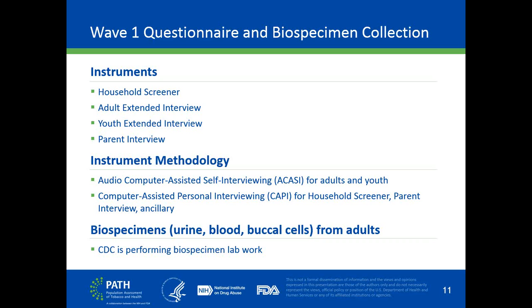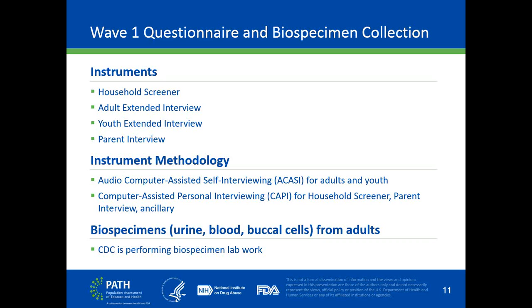They can either choose to read the questions as they come up on the screen or have the questions read to them. There are other types of instruments that are administered for different reasons throughout the PATH study, which include computer-assisted personal interviewing. We even have some paper and pencil kinds of data collection tools for specific types of tasks.